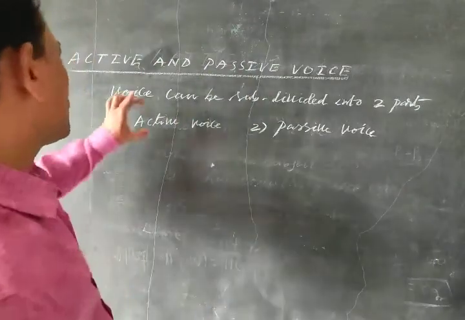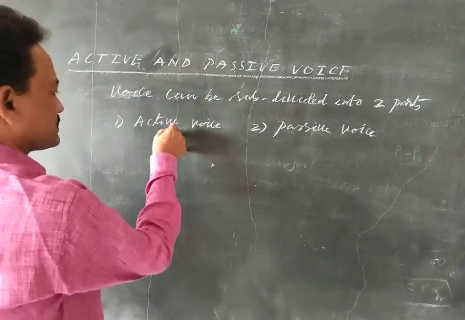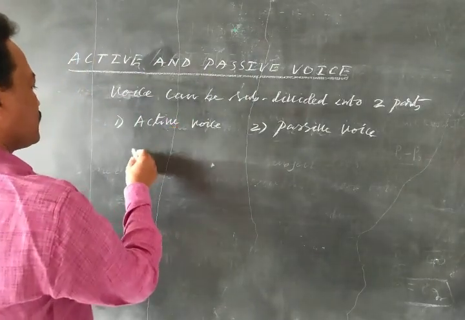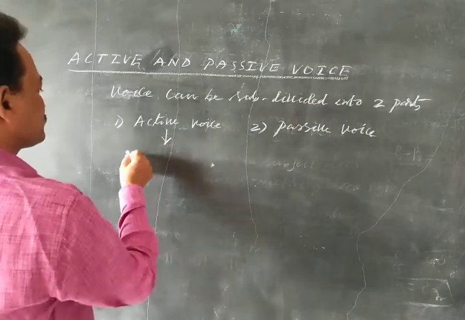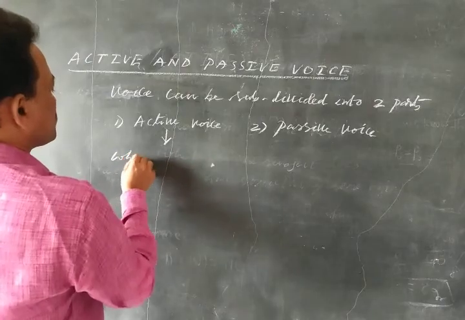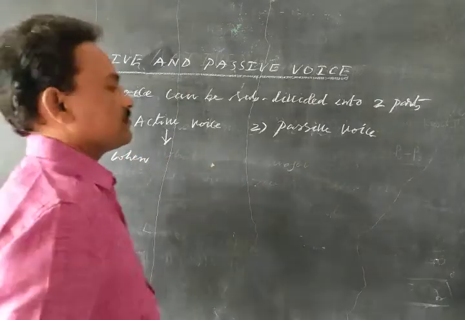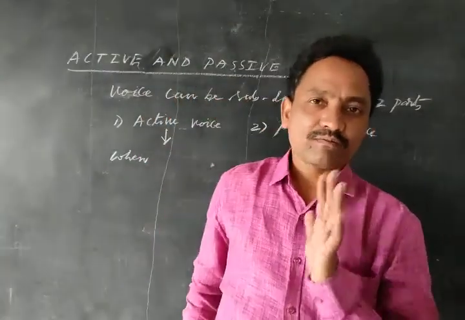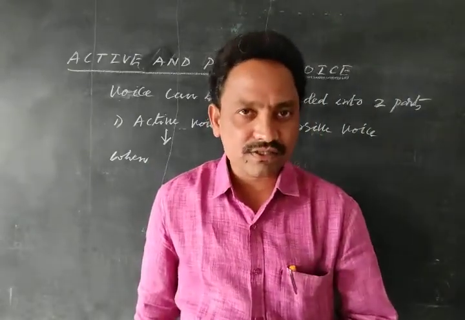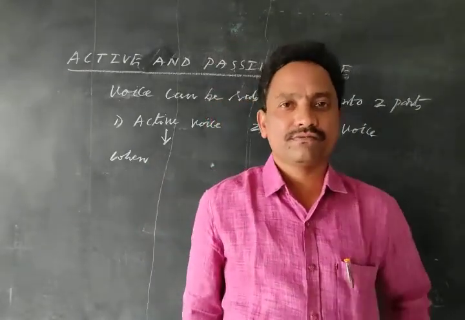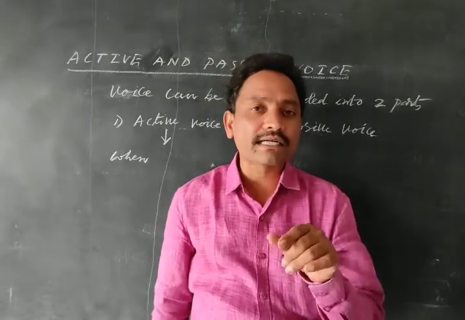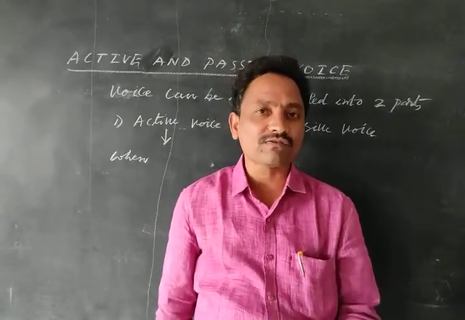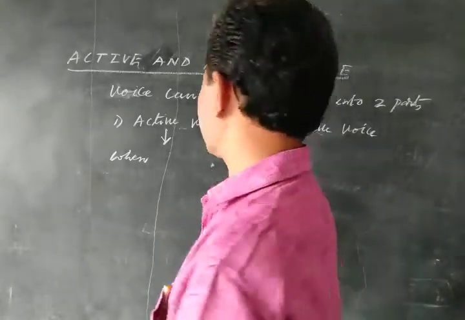Okay. See, active voice. What is active voice? When a subject is active in a sentence, it is called active voice. When an object is active in a sentence, it is called passive voice. Here in passive voice, the object is active.